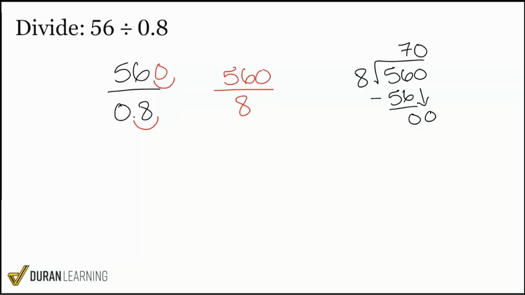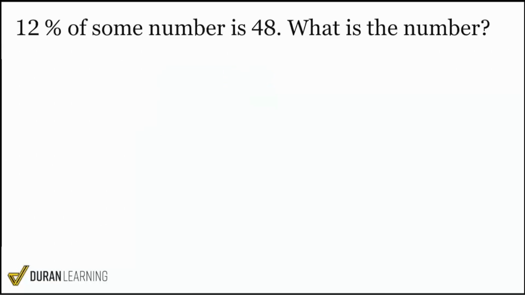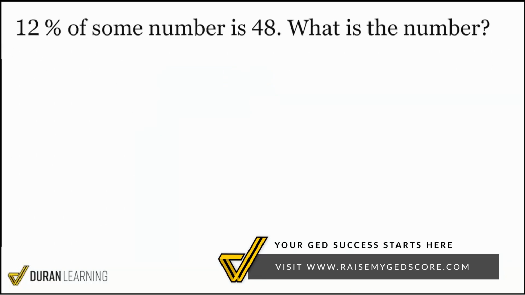So with that, we are now at the point where we can move forward to incorporating this into some percentage formulas. So let's take our attention over here. Let's check this out. This problem starts by saying 12% of some number is 48.